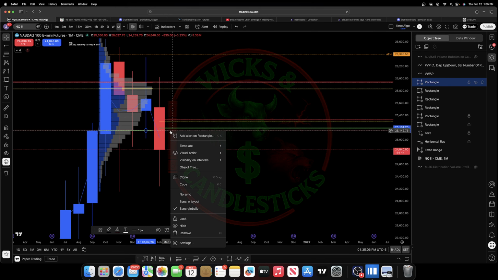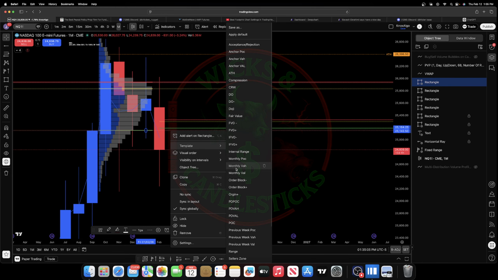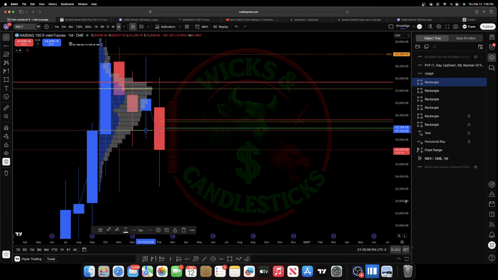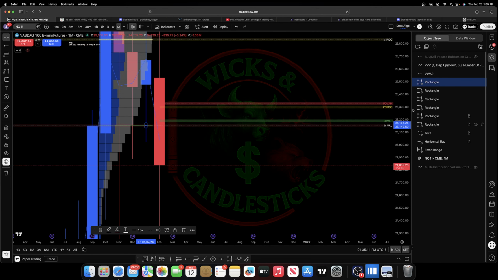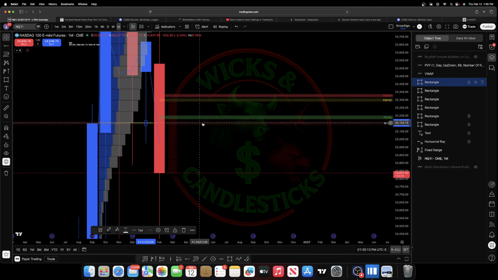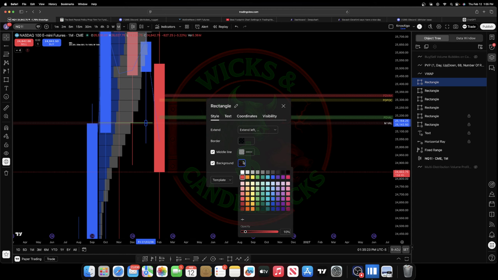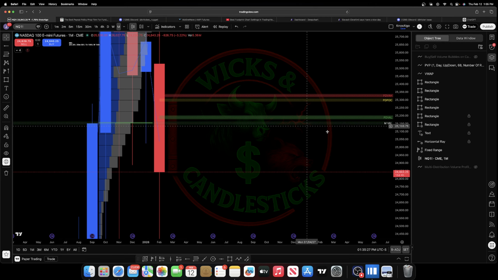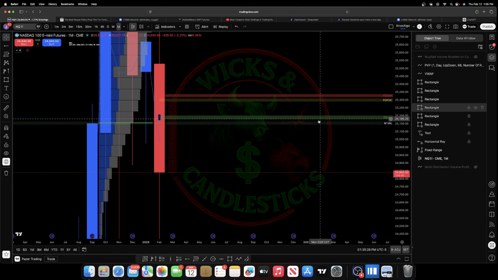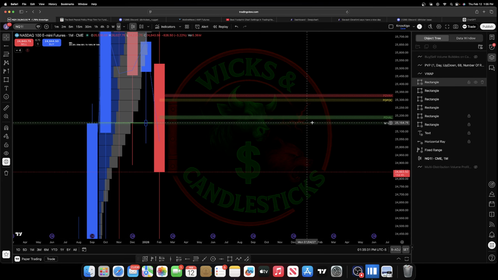And when price comes to your value area low, you always look for potential buys. This is supposed to be green. Let's change this color to green, because this lets me know to look for potential buys.